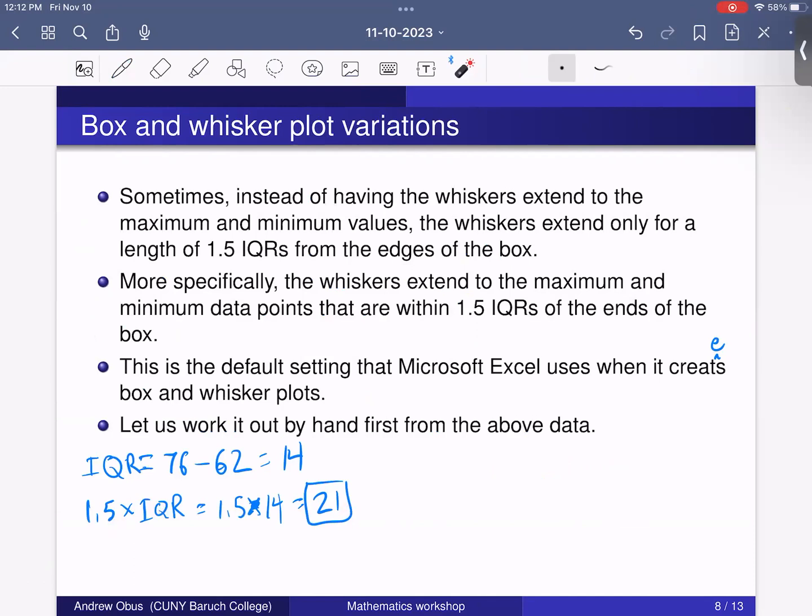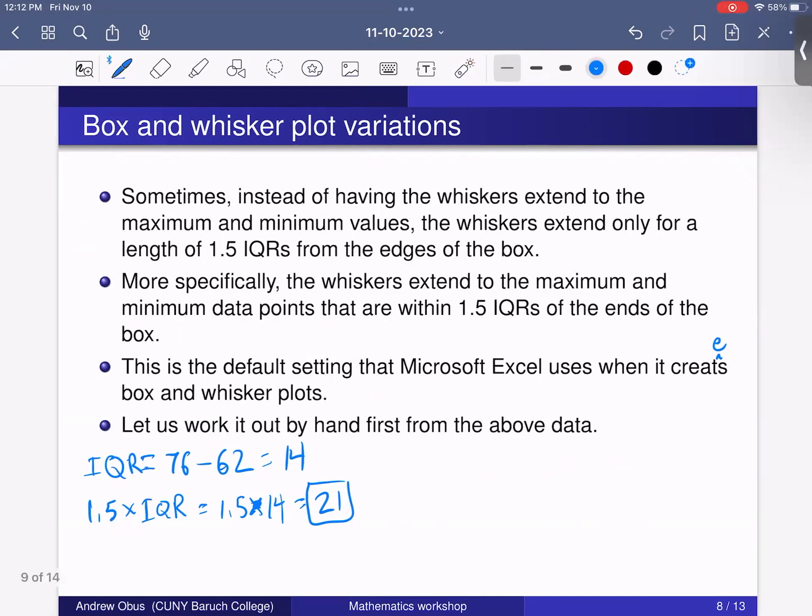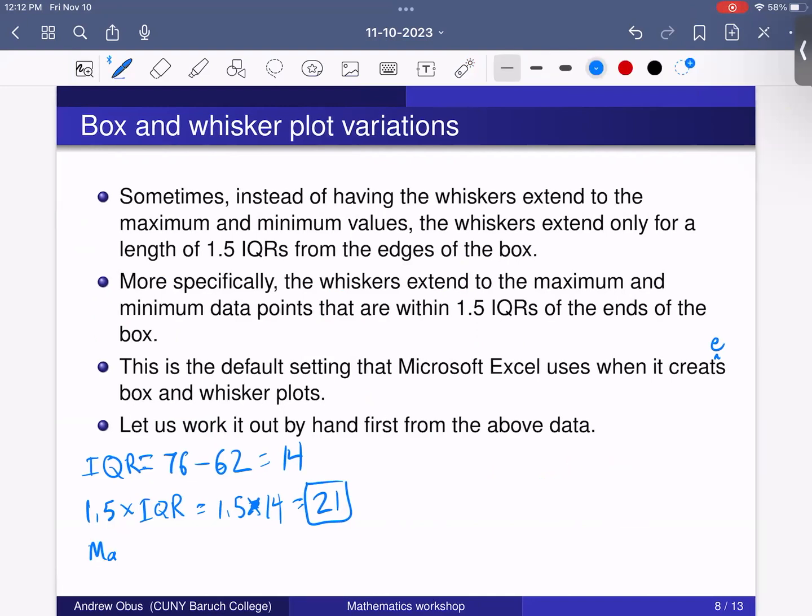So what that means is, the maximum allowed is going to be the end of the box, 76, which is the 75th percentile, plus 1.5 interquartile ranges. So the maximum allowed in this case would be 76 plus 21, which would be 97.